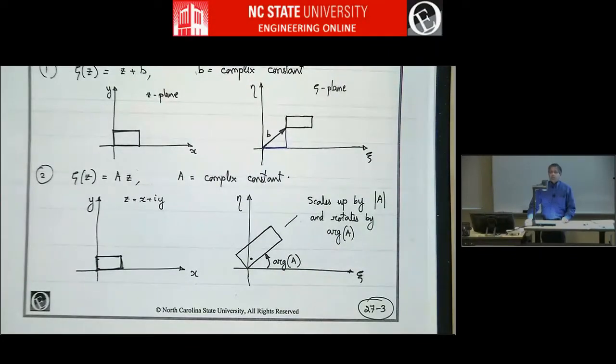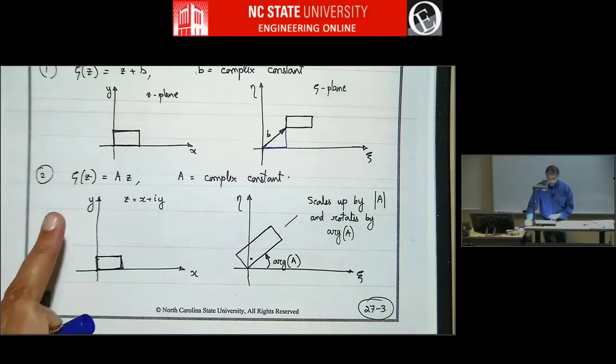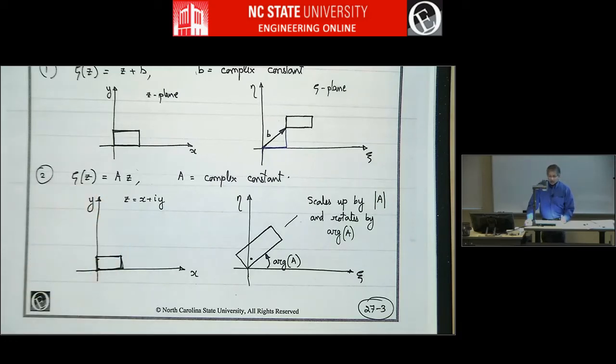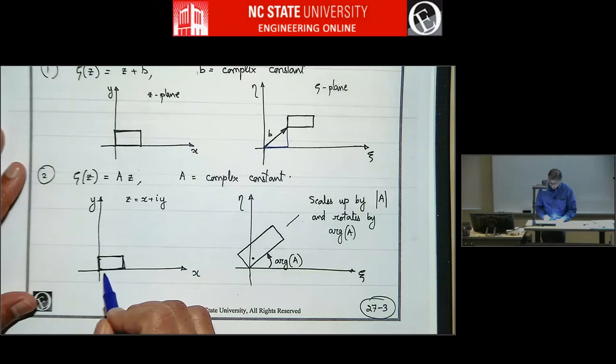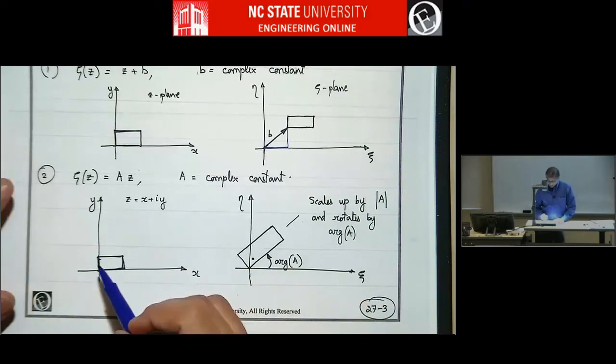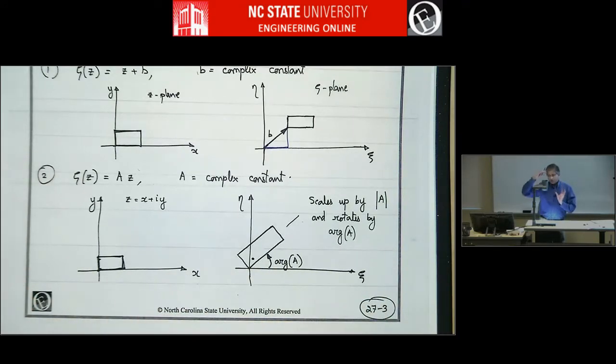Another transformation is zeta equals a times z, where a is some complex constant. What happens with this is it does a scaling and a rotation. Let's say you have some rectangle here. This rectangle will get scaled and rotated.